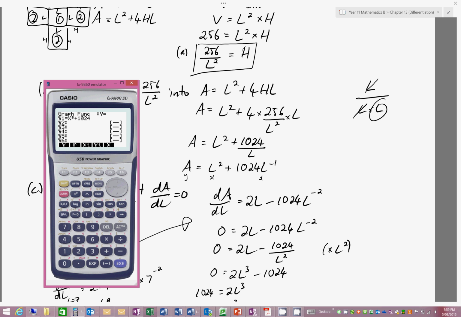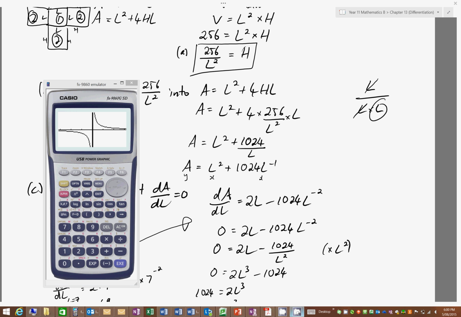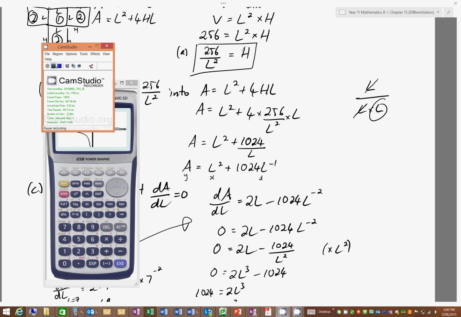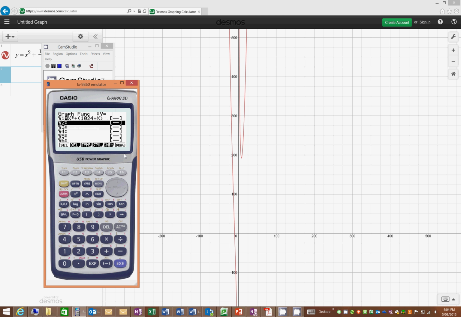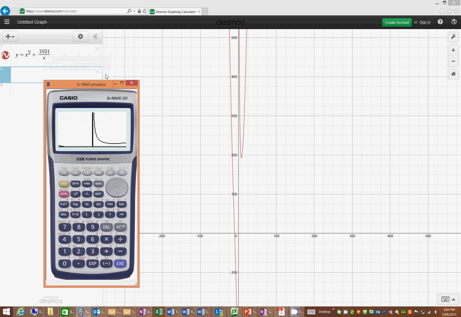I'll try putting in that other function just to check that my calculator is working properly. Like that, it's the same. Pause the video, figure out what's going on. I'm not sure what happened with my calculator, because when I graph it, it looks completely different to what Desmos graphs.